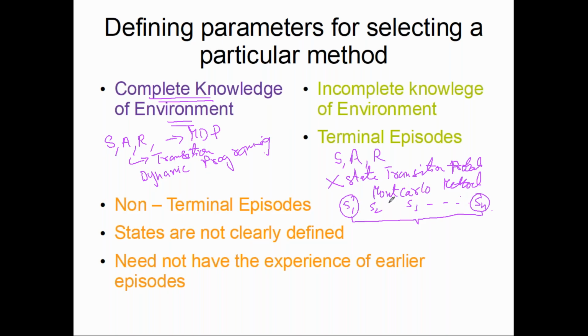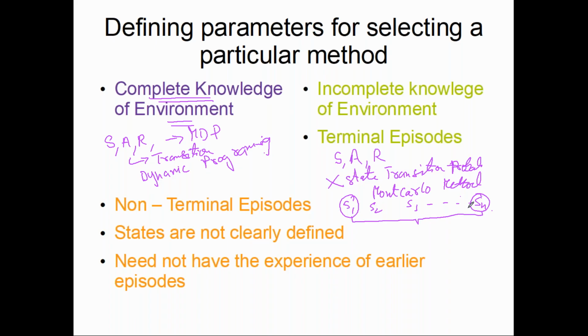We have n such episodes available, but within the episode, we don't know the probability of moving from one state to the other. That information is not available. So here the Monte Carlo policy helps a lot.